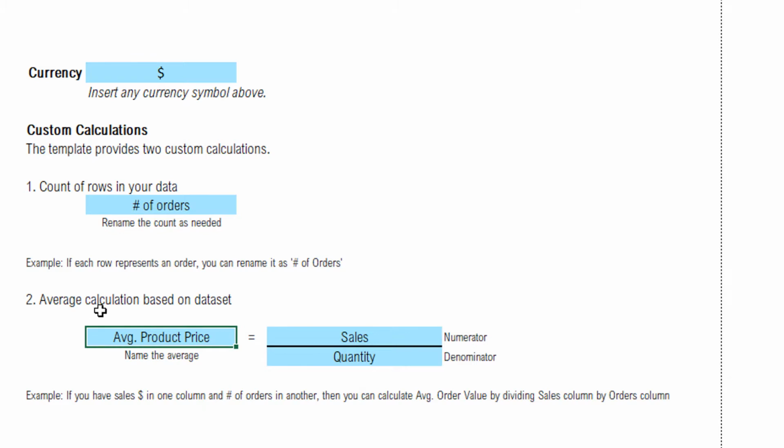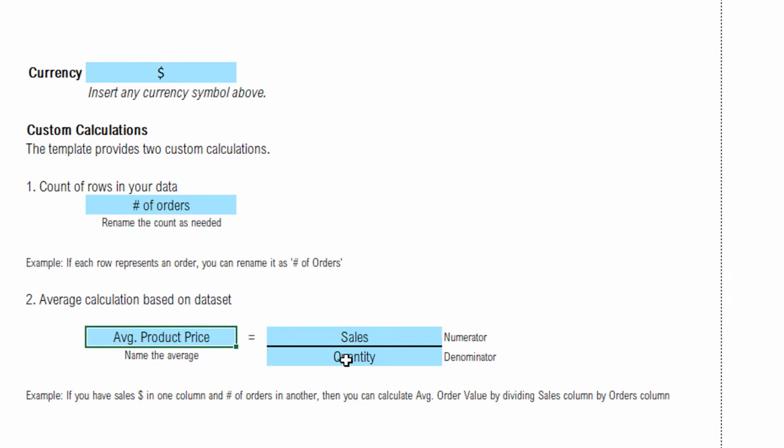Similarly, I can do an average calculation based on two other columns in the data. So as I was telling you, sales and quantity are two different columns in the data. Now I can actually do a sales divided by quantity, which will now give me an average product price.